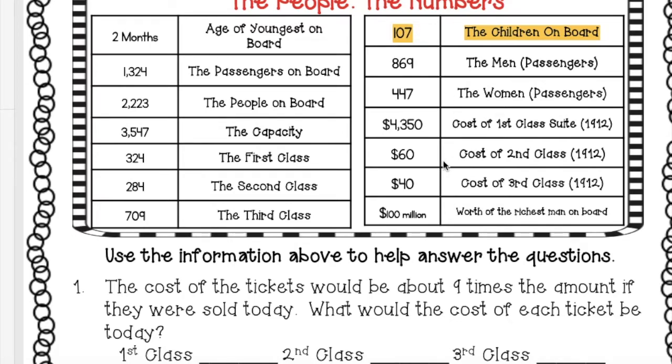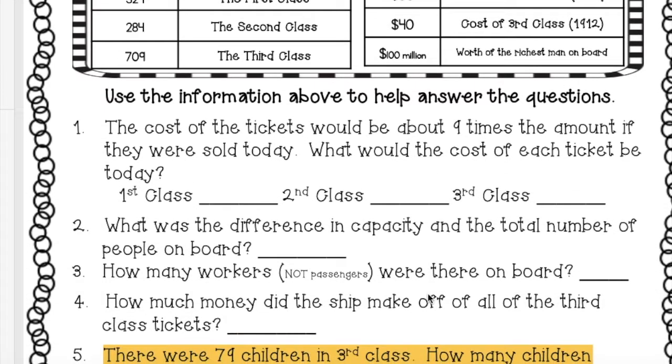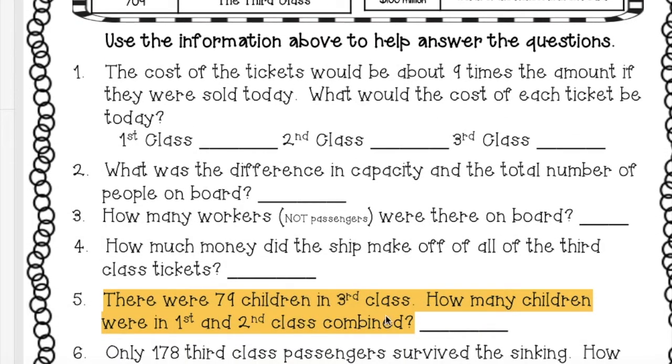And we know that 79 of those 107 were third class children. So we need to make this a subtraction equation to see what's left over. And that's going to tell us how many children were in first and second class. So my equation for this problem is going to be 107, which is my total amount of children on board, minus the 79 children that were in third class. That's going to give us our answer for number 5.